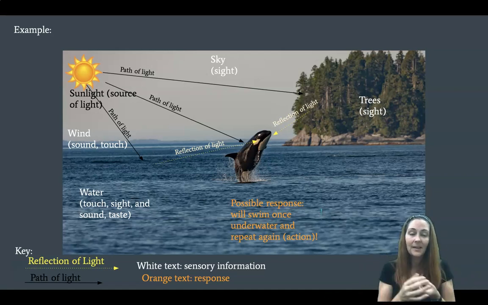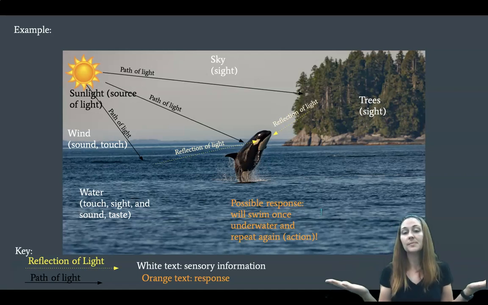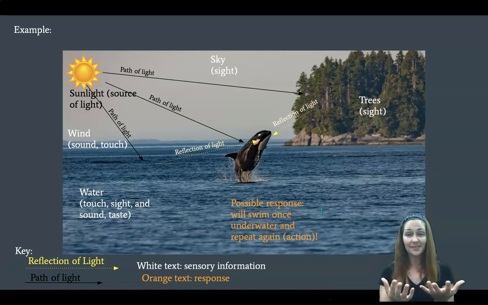Lit up. The reflection of light's coming from all of it. And then the orange that I just wrote there, I could have drawn a picture of a brain, which I probably should have, is just a response it could possibly have, right? So this is a beautiful model. It's all there. This is everything that happens.